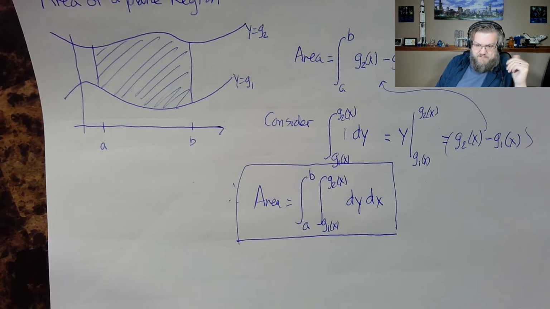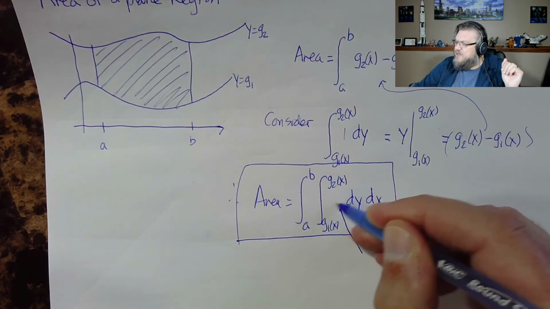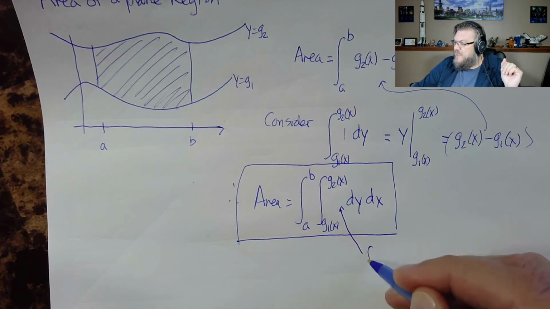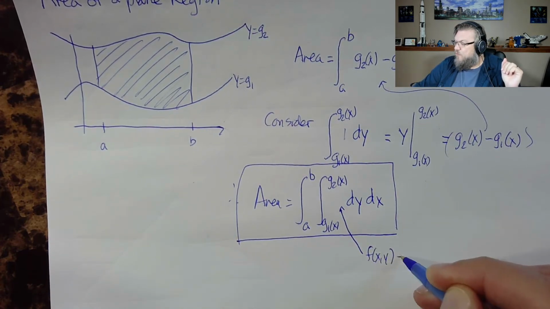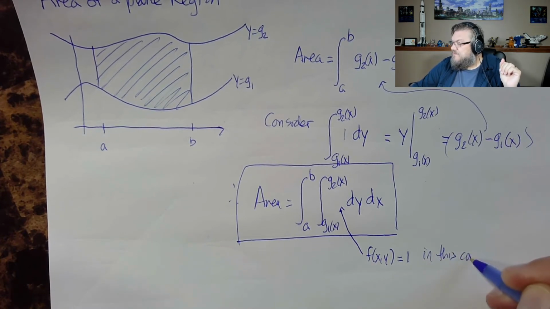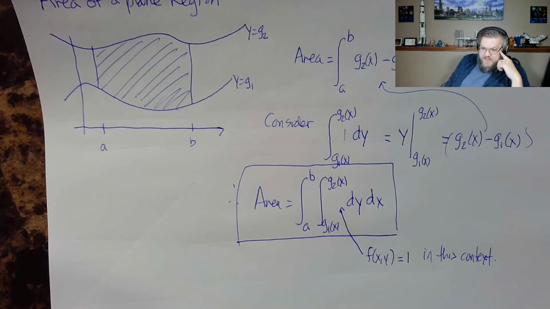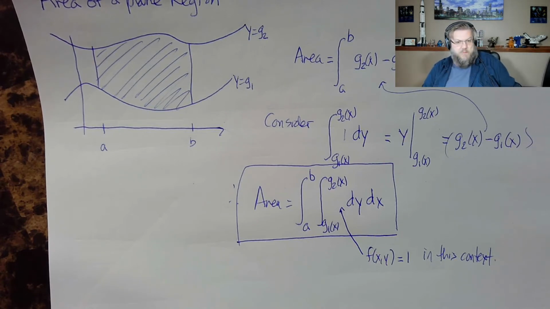So that's literally finding the area of the domain of integration. I want to point out that the surface that we're integrating over here, this function f of x, y, equals the constant 1 in this context. In this context, that surface that we're integrating over is 1. Okay?